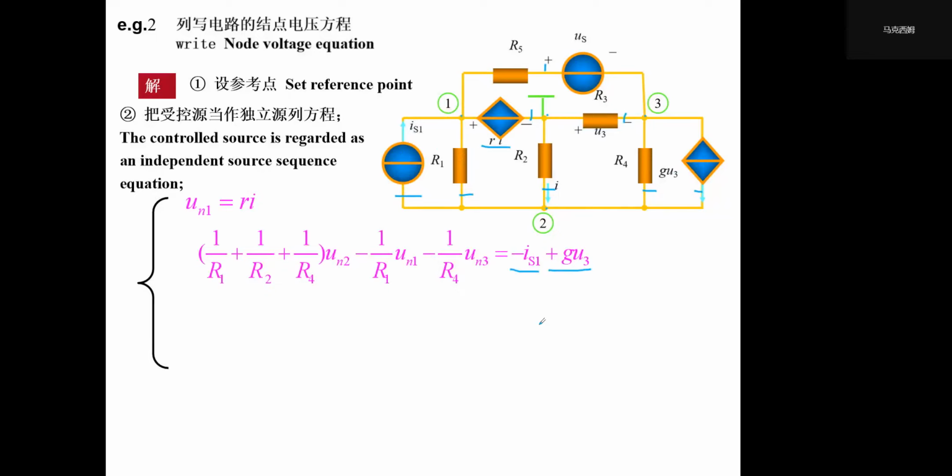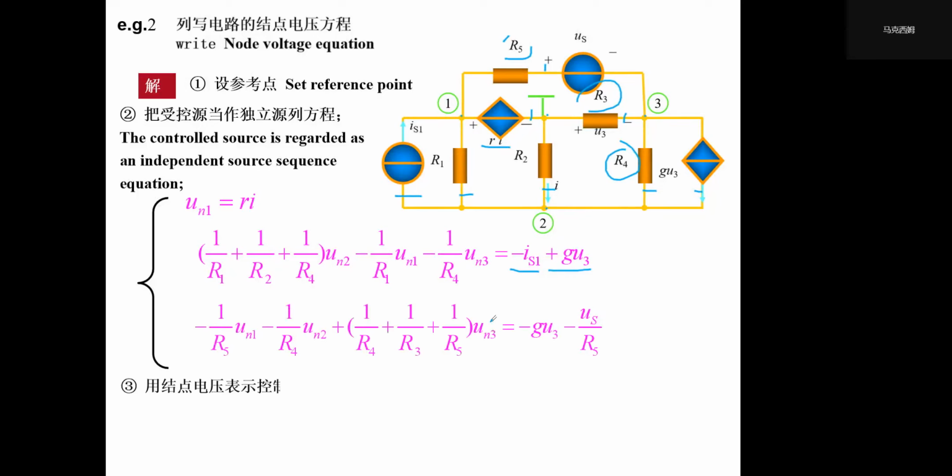We still have to list another equation for node 3. It is connected to 4 branches. So its self-conductance is 1/R5, 1/R3, 1/R4 together.